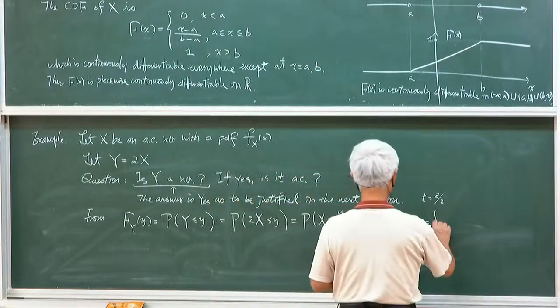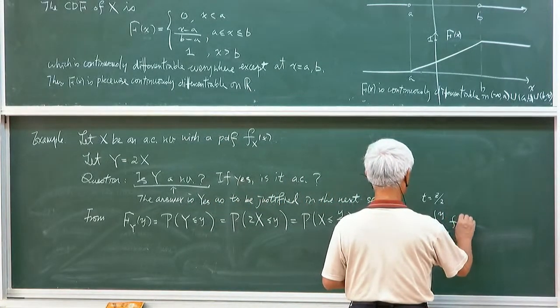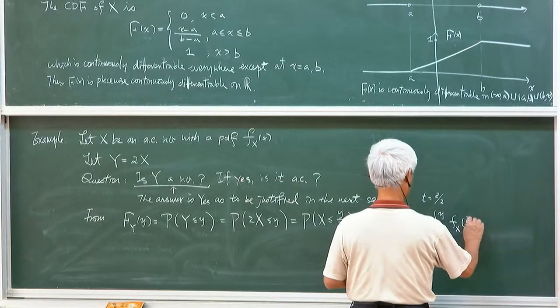So this becomes the integral from minus infinity to y, and the upper limit becomes z over 2.